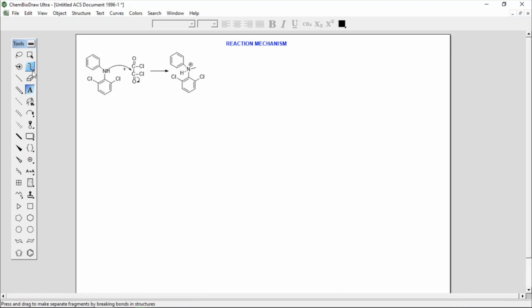Hydrogen, then a single bond, C double bond O, and here the Cl.